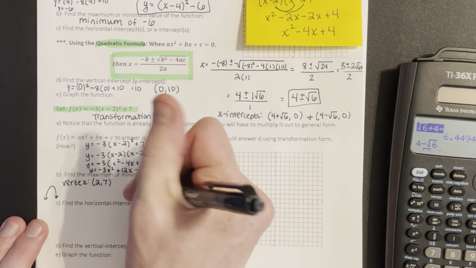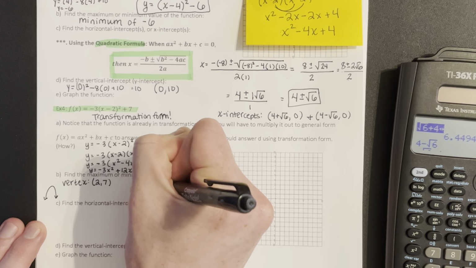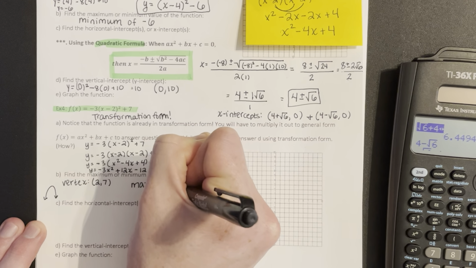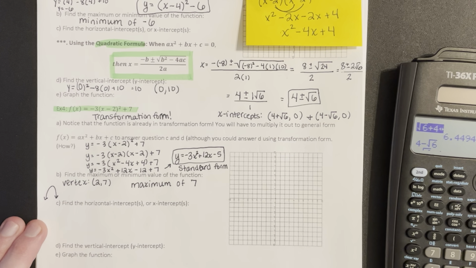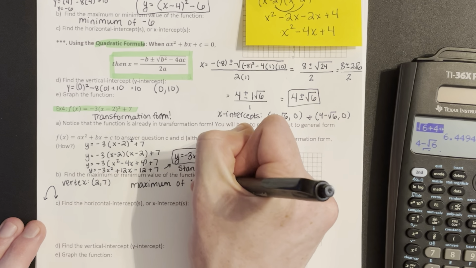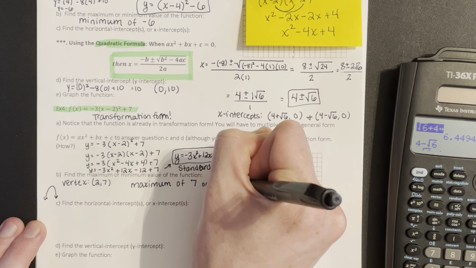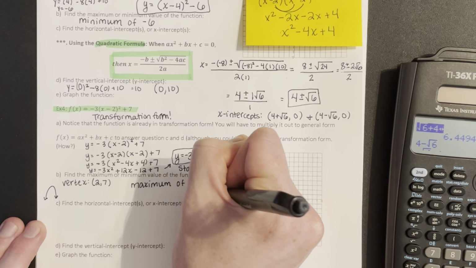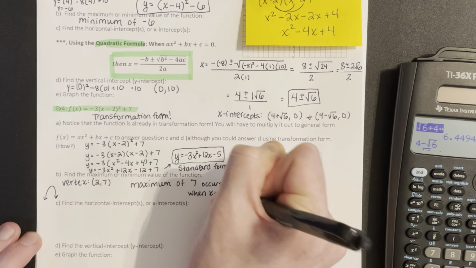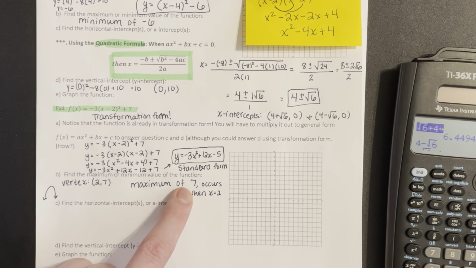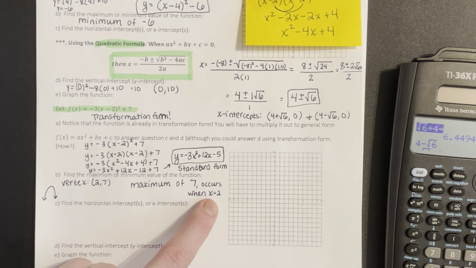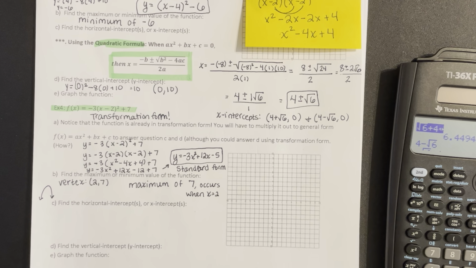In that case, we have a maximum. So we have a maximum of 7, that's the y coordinate, and it occurs when x equals 2. So it didn't ask about that section there, but I just want us to notate at least the maximum is 7. It happens when x is positive 2.